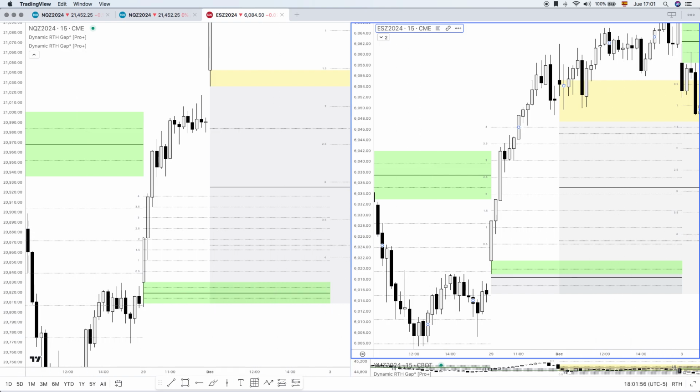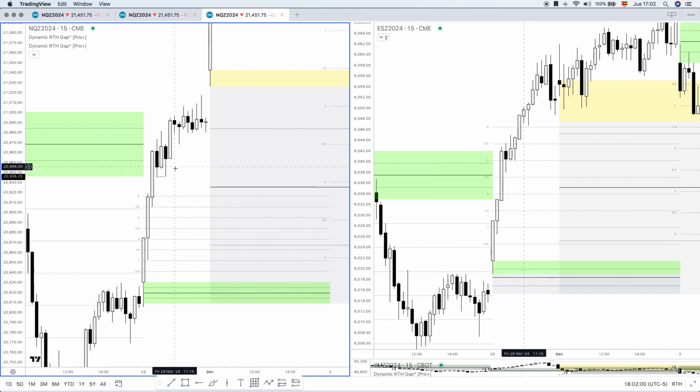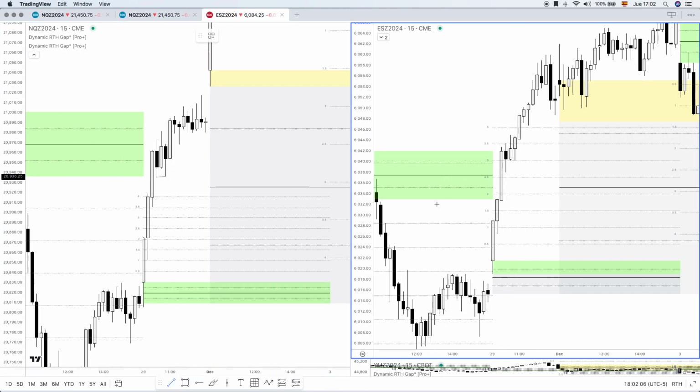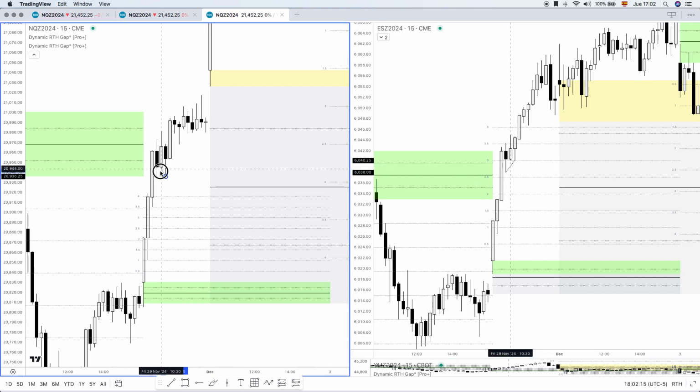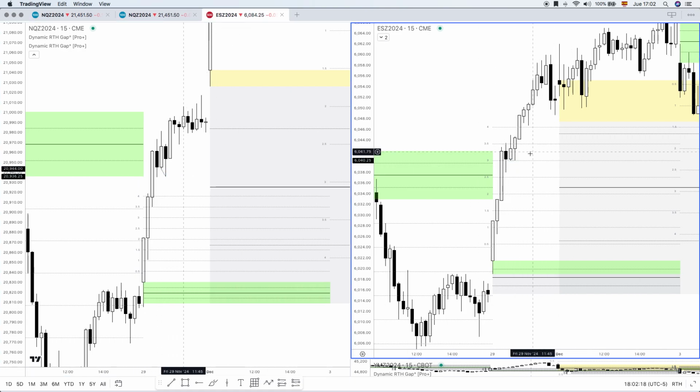and you can anticipate SMTs, like for example here. Look how Nasdaq was doing deep retracements. This is a 15-minute chart, but look on ES. We failed to take this low here on ES while Nasdaq did.